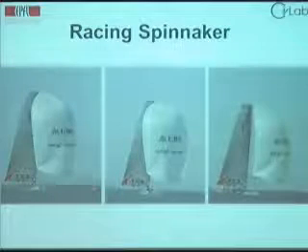Yes, the sun is in the sky, but the water reflects the light, so it's actually lit from everywhere. And just to make things a little bit more interesting, the spinnaker is somewhat translucent. So it's a very interesting shading problem, but it's not an easy one.